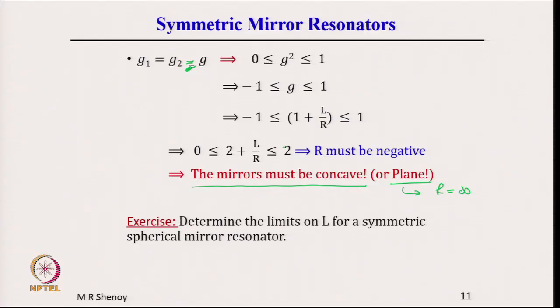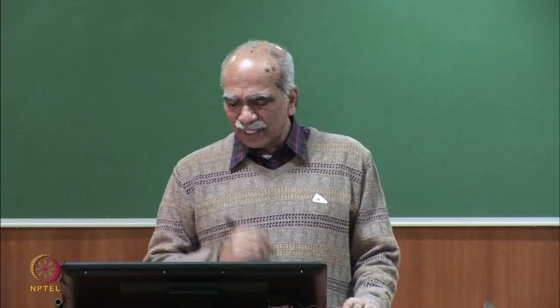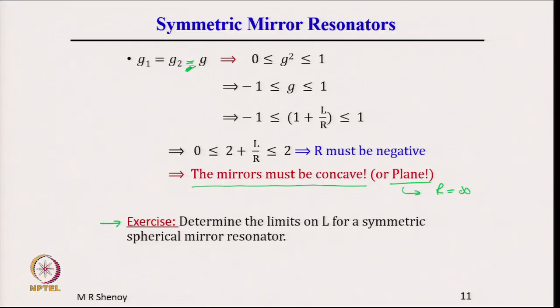Now, with this equation here, there is a small exercise which is given, that is, determine the limits on L for a symmetric spherical mirror resonator. So, you can find out what is the maximum value of L possible and what is the minimum L possible, so that they are in the stable region.